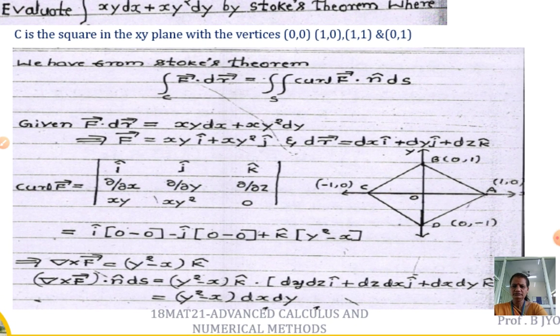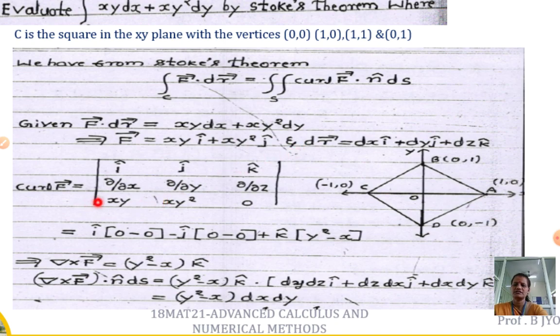Given F dot dr is equal to xy dx plus xy square dy. This implies F is equal to xy i plus xy square j, and dr is dx i plus dy j plus dz k.